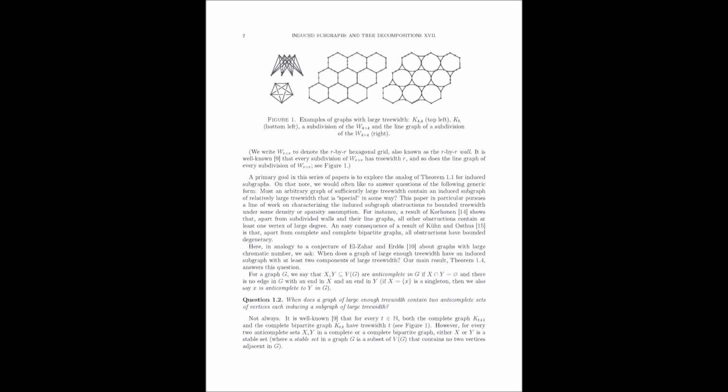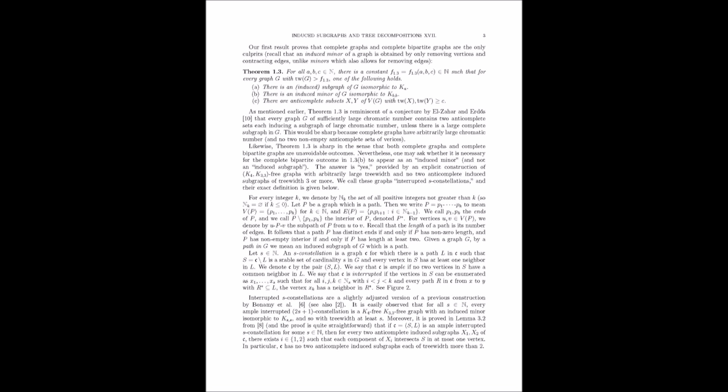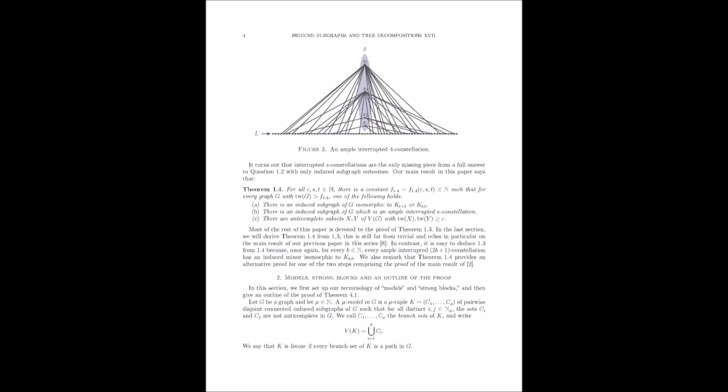So we're going from pairs to whole groups of highways, and using Ramsey theory to ensure that these groups connect to each other in a very controlled manner. I can see how this would lead to a more complex model. It does, and all of this clever manipulation of the strong block is ultimately in service of constructing a linear model, which, as we'll see, is a key stepping stone on the path to those anti-complete sets.